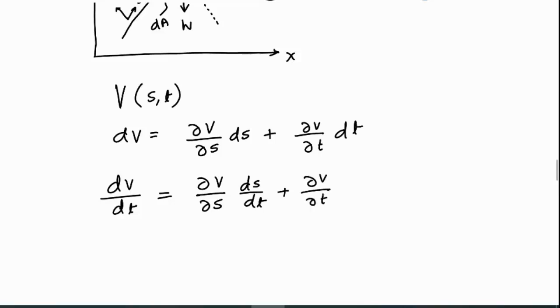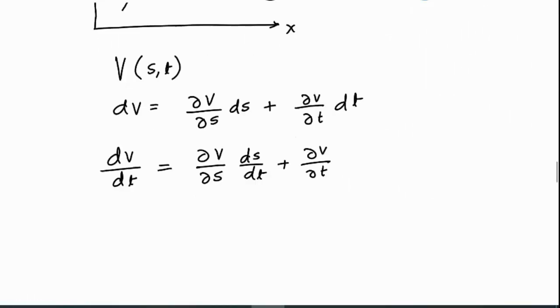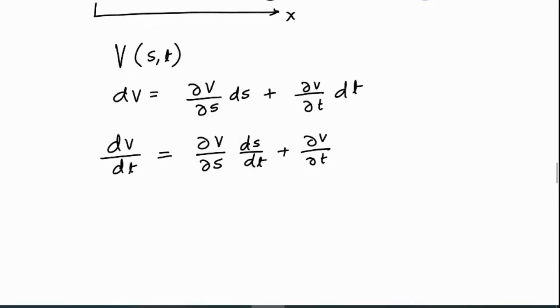Now if you have a steady flow, which term will be zero in case of a steady flow? Del v by del t will be 0. Yes, good. So this is a steady flow.